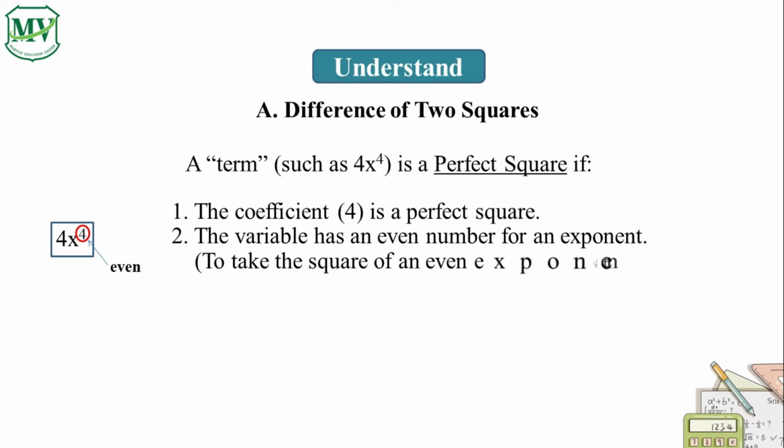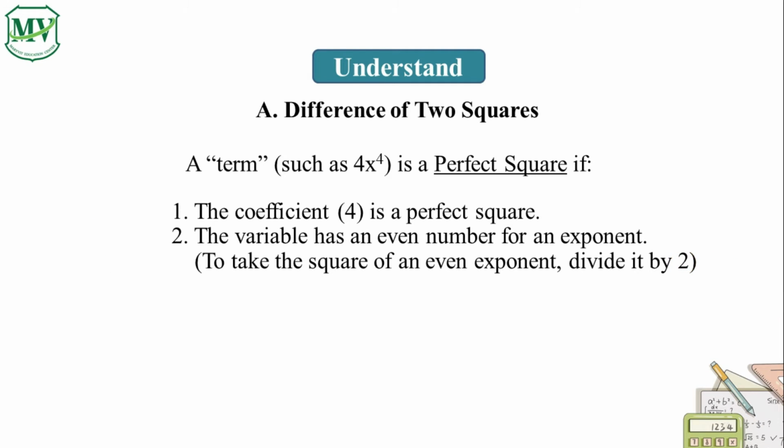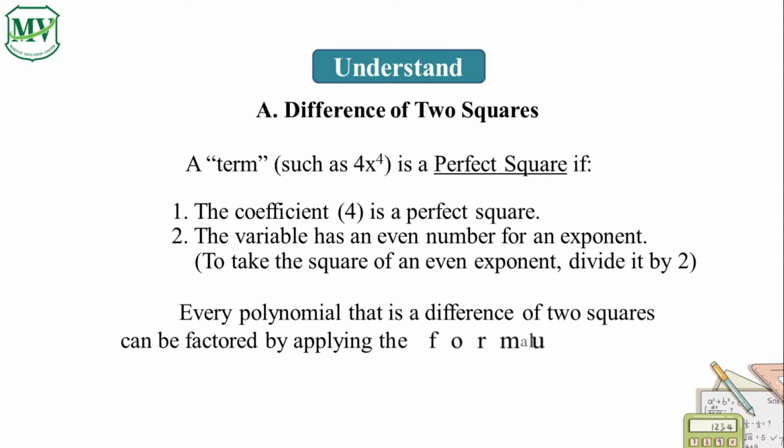To take the square root of an even exponent, divide it by 2. Every polynomial that is a difference of two squares can be factored by applying the formula a squared minus b squared is equal to the quantity of a minus b times the quantity of a plus b.